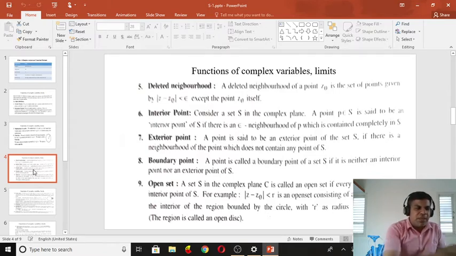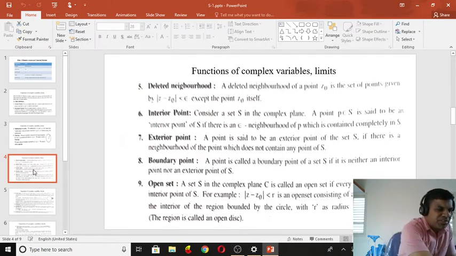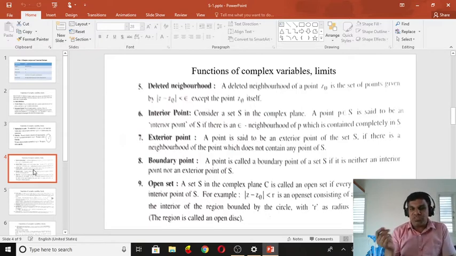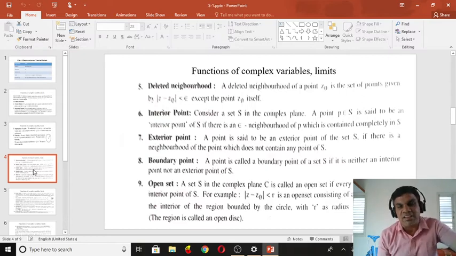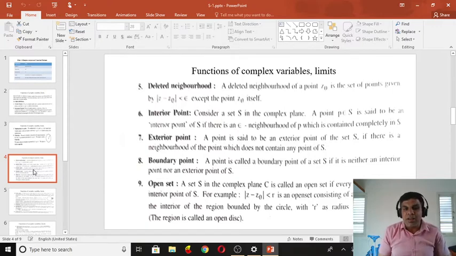A point P belonging to the set S is said to be an interior point of S if there is a neighborhood of the point P which lies completely in S, where C is a circle that lies entirely in S. All the points lie within that set. This is called an interior point.